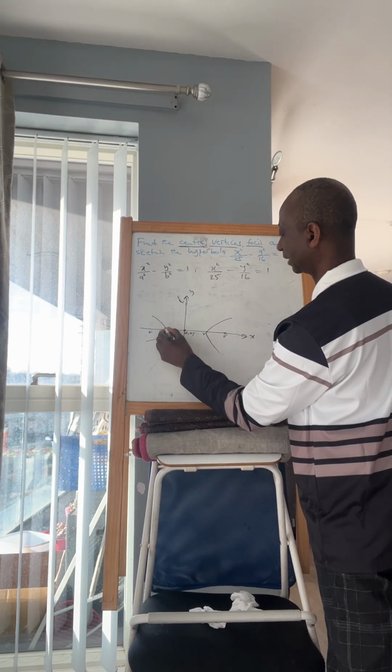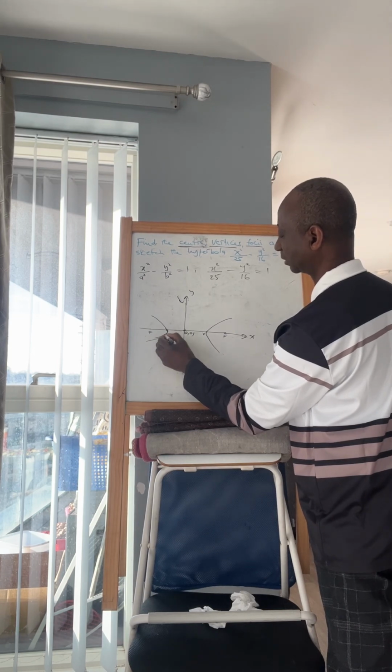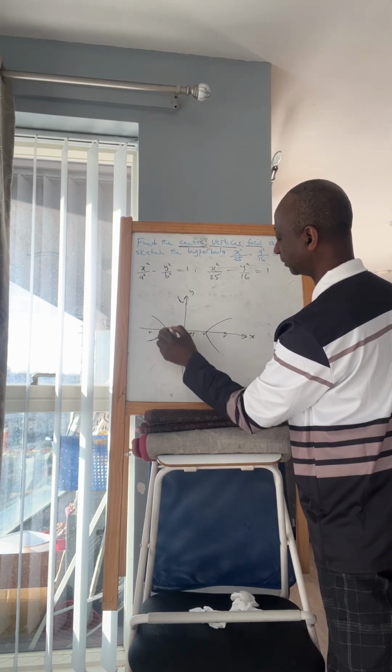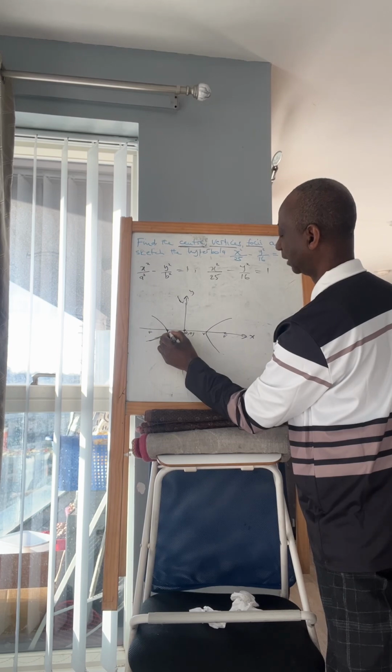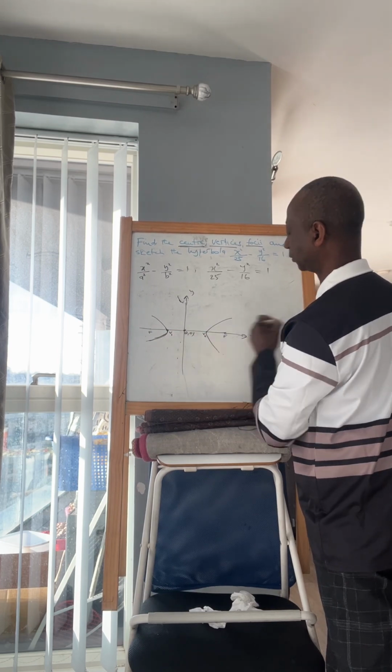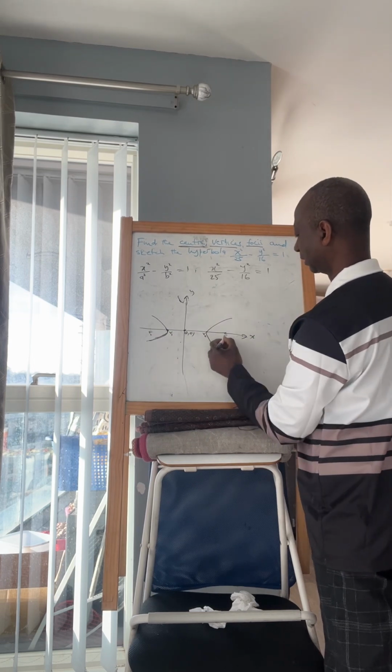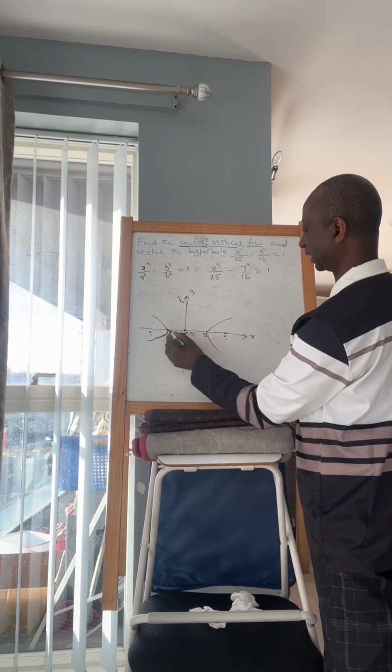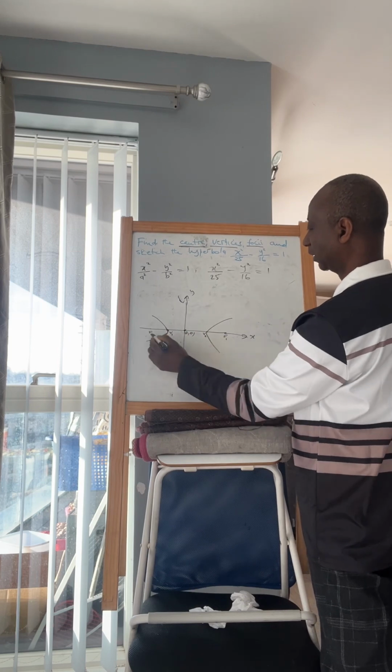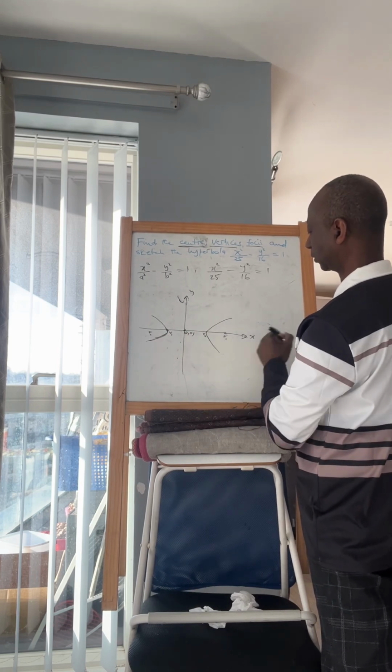The vertex is the turning point of the hyperbola. This is V1, V2, F1, F2: vertex 1, vertex 2, focus 1, focus 2.